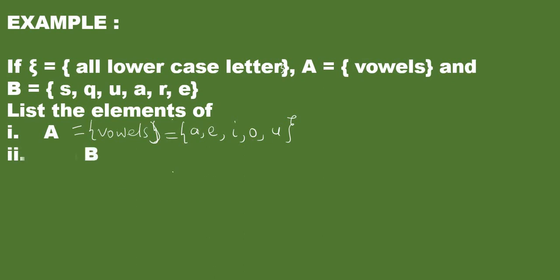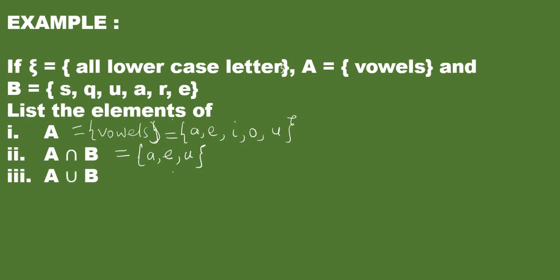So what is next? A intersection B. For A intersection B, we look out for what is in A that is also in B. So let's check it out. I have A in both, I have E in both, and I have U in both. These are elements in A and also in B.